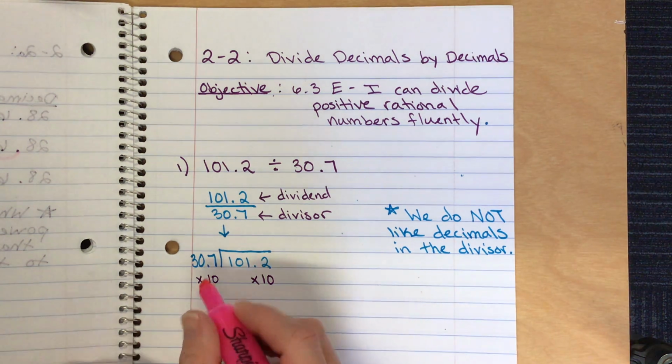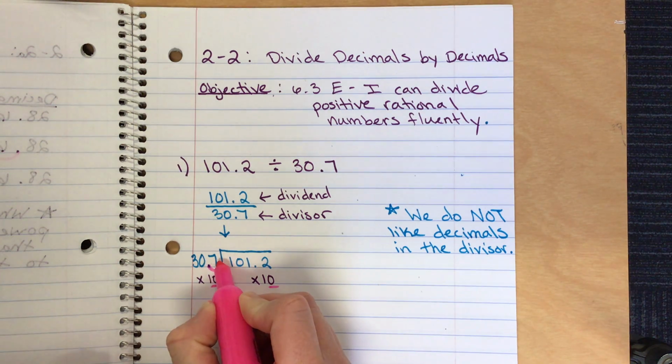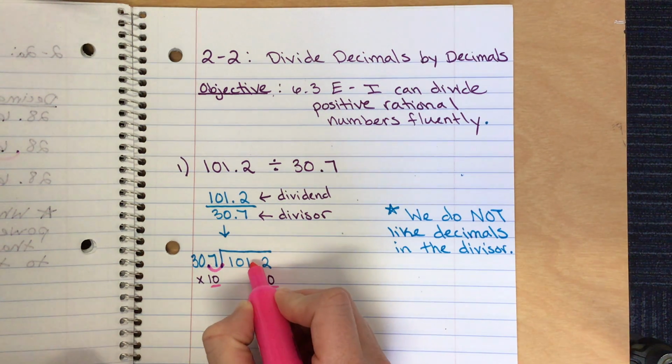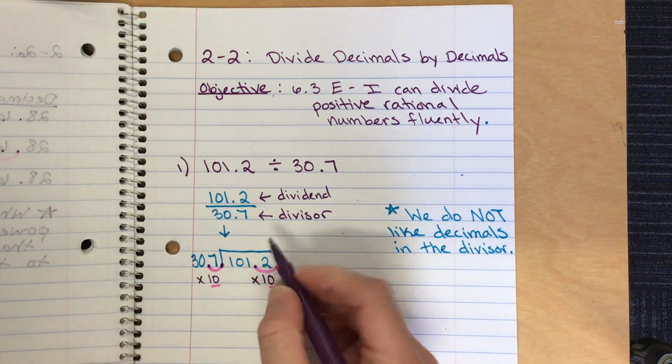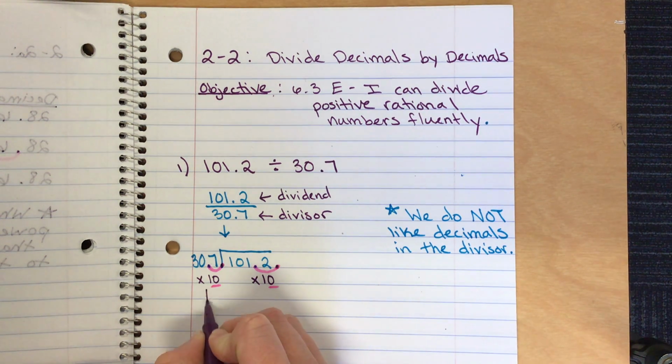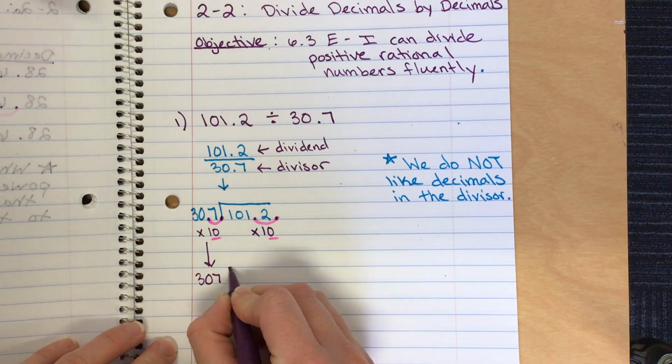You have 1 0, it's greater than 1, so we're moving 1 place to the right. And same thing in your dividend. Okay, so this becomes 307.